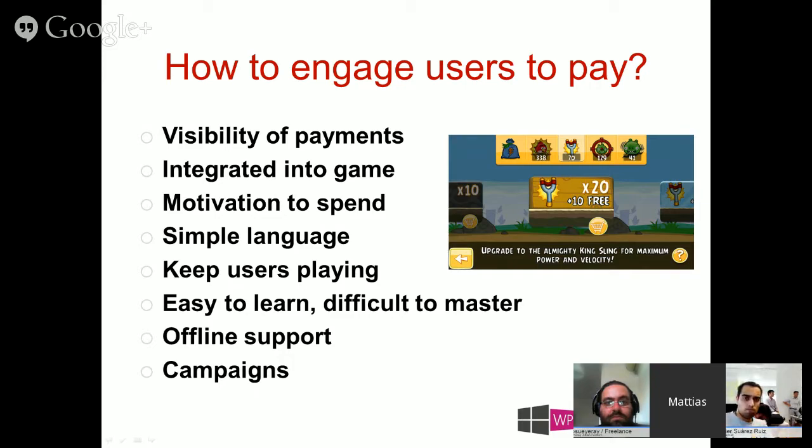Data connectivity there is very low. So if your game needs internet connection to be played, then that might cause challenges, especially in the emerging markets. Obviously, with some apps like social apps, you cannot use them offline. But in most cases, if you have a game, then having offline support is good.